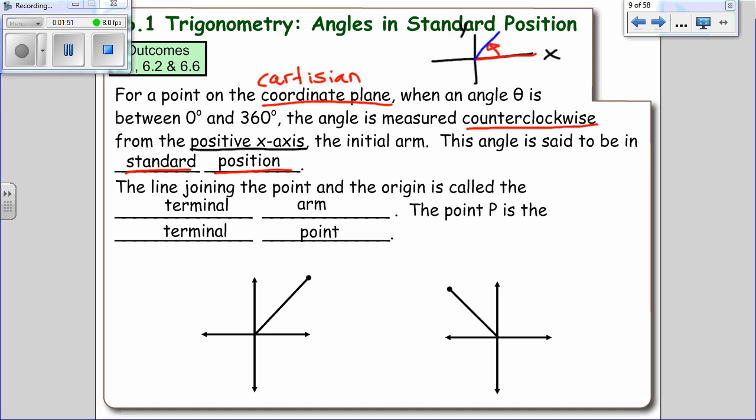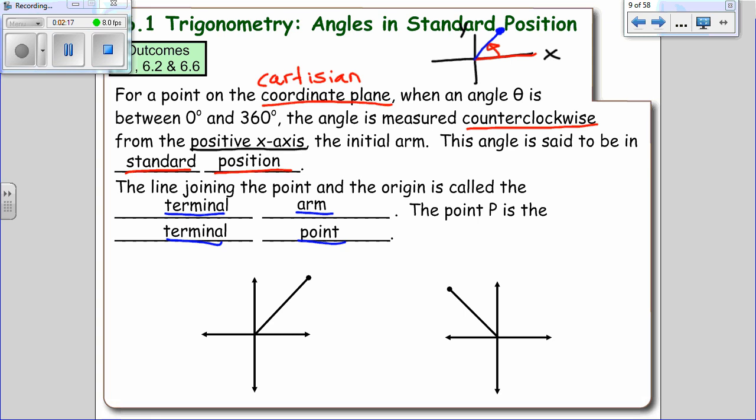The next page has a better graph with it. That line is called a terminal arm, and the end of that line is called a terminal point. If you have a terminal arm, the measure of the angle in standard position is from the x-axis to the terminal arm.